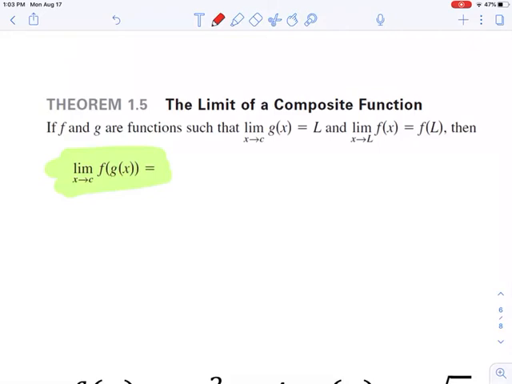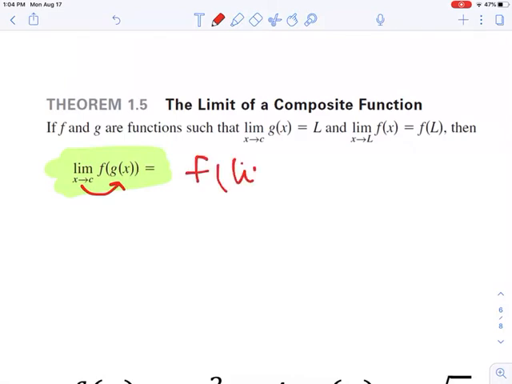So the first thing you are going to do is take the limit of the inside. You are going to figure out what the limit is as x approaches c of g of x. We can do this one of two ways.